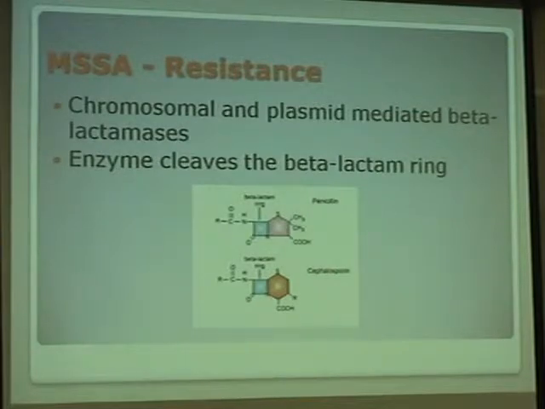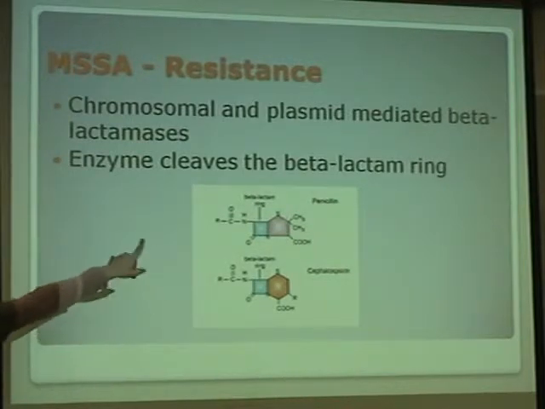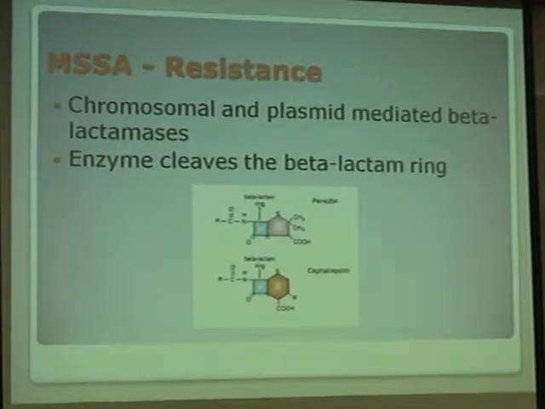So just to take a step back, when we have methicillin-susceptible Staph aureus, these are still not covered by our penicillin and cephalosporins. And the reason for that is because penicillin and cephalosporins have this beta-lactam ring. And methicillin-susceptible staph, so any Staph aureus, will cleave that beta-lactam ring, which makes it resistant to those antibiotics.